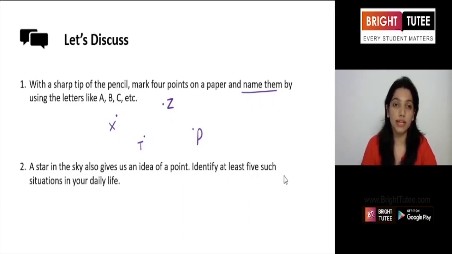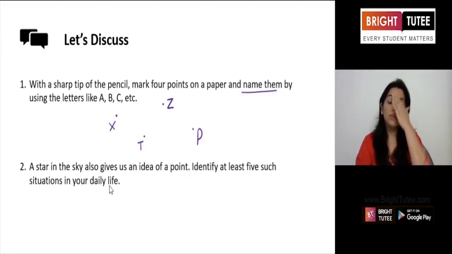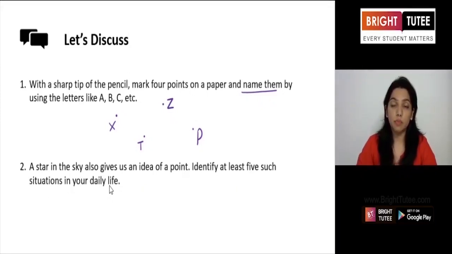Let us move to the next question. A star in the sky also gives us an example, an idea of a point. Identify at least 5 such situations in your daily life. So can you think of examples that are similar to a point? For example, what they have given is that if you see in the dark sky, the small little stars that you see act like points.